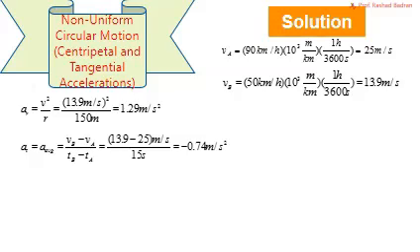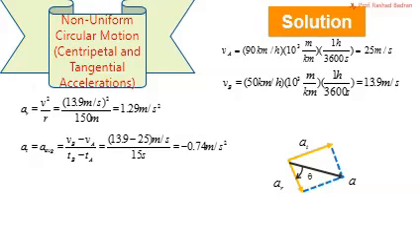This allows us to consider that the tangential acceleration at this moment is equal to the average acceleration, and the average acceleration is equal to delta v over delta t, where delta v is the final speed minus the initial speed, divided by the time interval of 15 seconds. You will get an answer of minus 0.74 meters per second squared. The minus sign is an indication that there is a deceleration in this tangential motion.